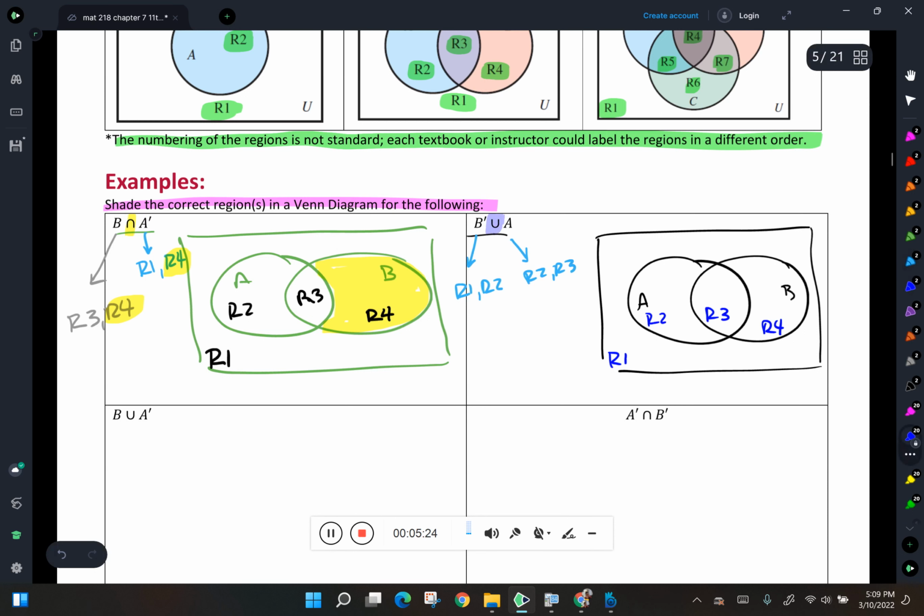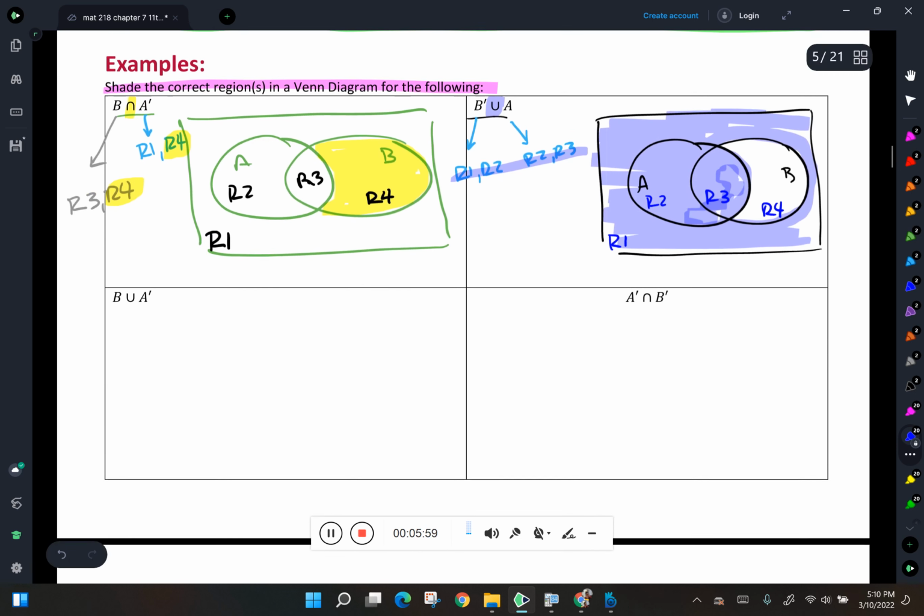If I take the union of those, I'm looking for all of those pieces lumped together, and Region 2 is in there twice, so I won't have to highlight it twice, but I need to shade Region 1, Region 2, and Region 3. So basically I want to shade everything outside of Region 4. And I'll shade that in so it looks better. That would be B complement union A.